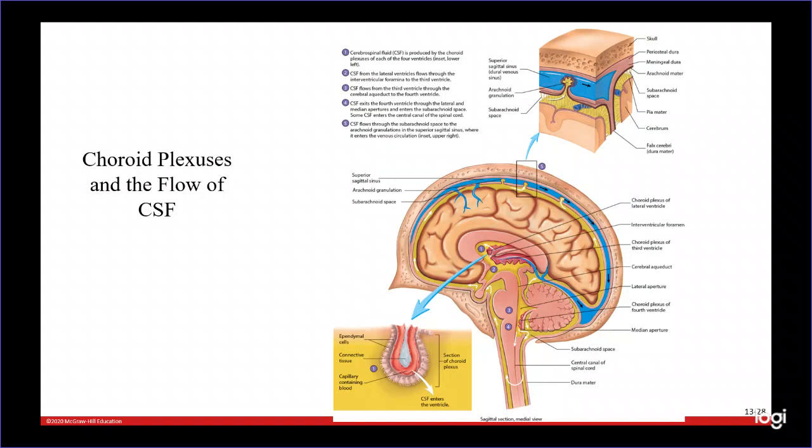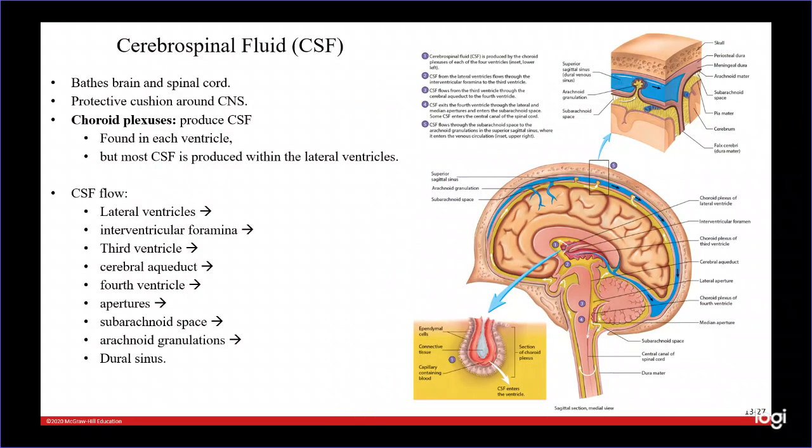But I want to point out that if you notice the flow of the cerebrospinal fluid, it doesn't just wash back and forth, it actually has a directional flow that it tends to travel in. So understand which portion of the brain creates the cerebrospinal fluid, and understand the flow. This last slide will help you envision it. I recommend that you draw it and label it as you go along.